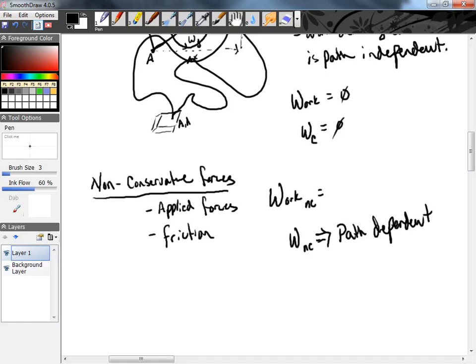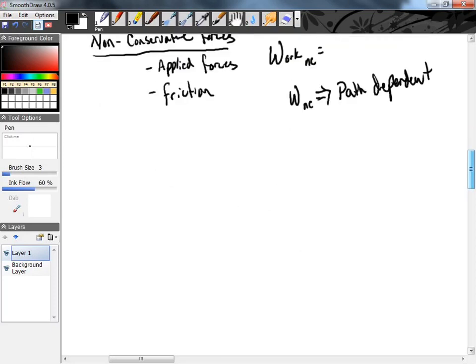Okay, so let's take this eraser here. Let's create a surface. Here's our eraser, and it's above. The force acting on it is mg, and it's at a height y.